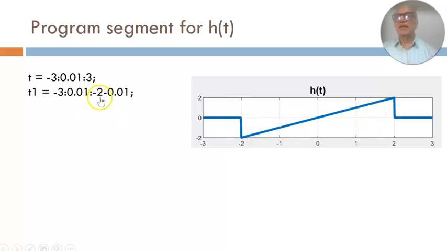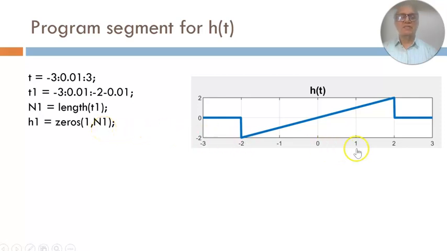That is the reason we write this as -2 minus 0.01. Then, in this interval we want all zeros, so we first calculate the length of this. N1 is the length of T1, and then we generate H1. This ht is split into three parts, H1, H2 and H3. H1 is all zeros, so zeros from 1 to N1.